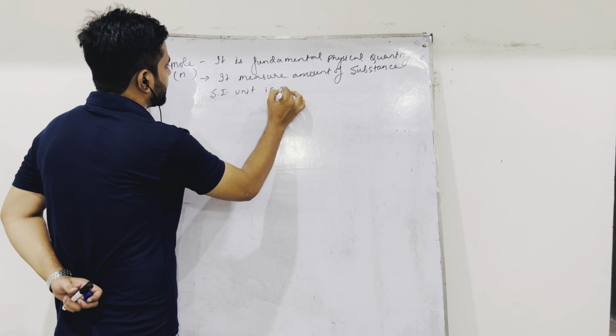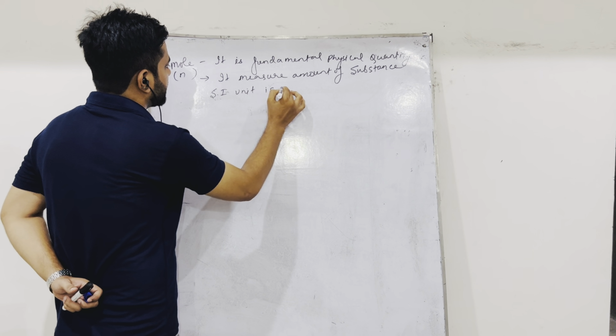We have to understand the difference between the name of the physical quantity and its SI unit. Like the name of the fundamental physical quantity is mass and its SI unit is kg, similarly the fundamental physical quantity is mole and its SI unit is mol.